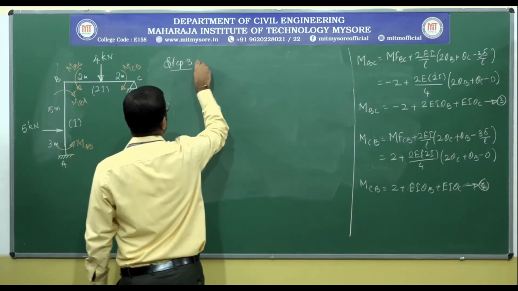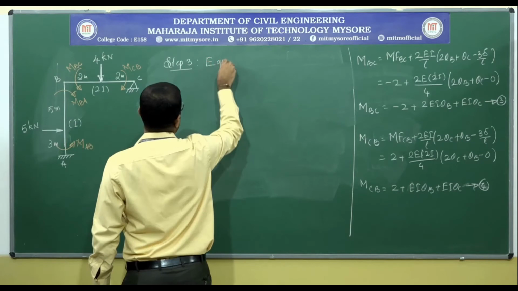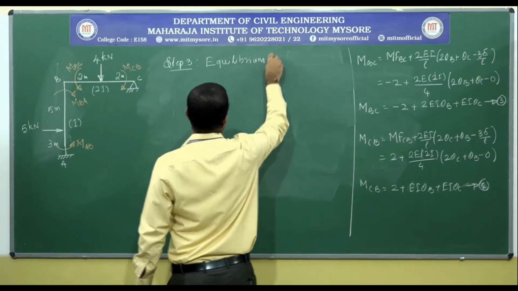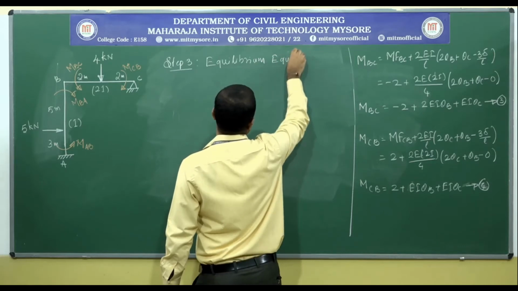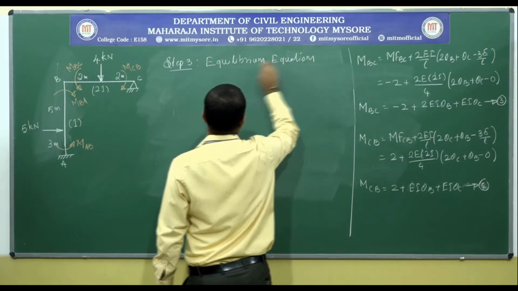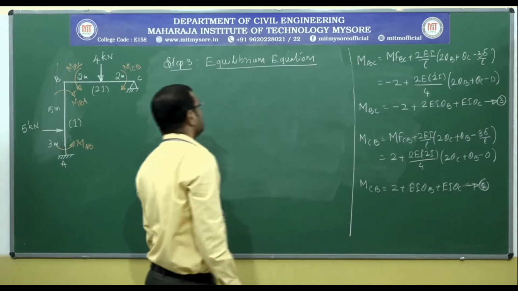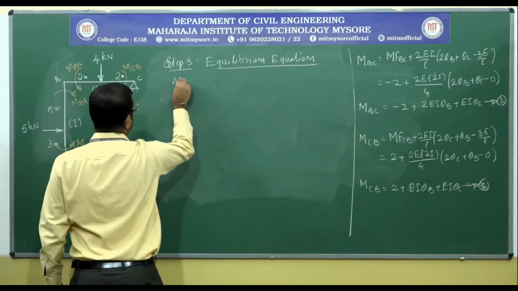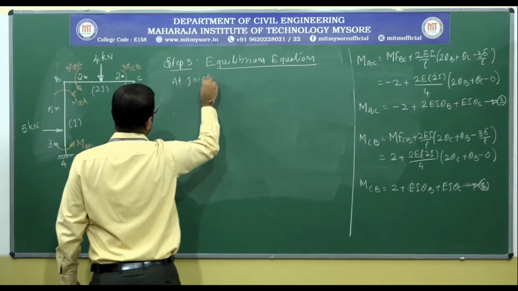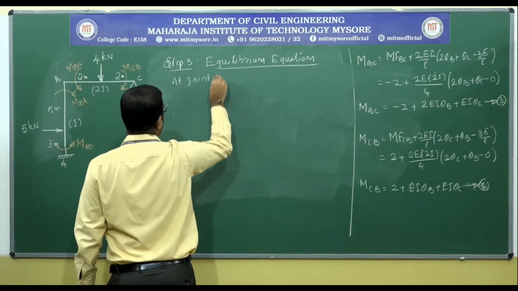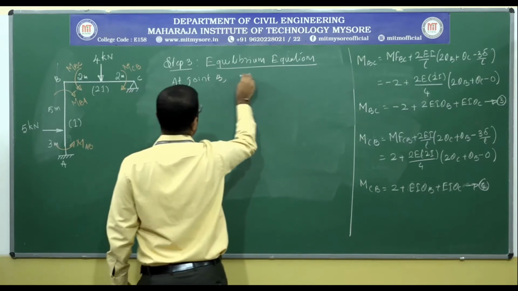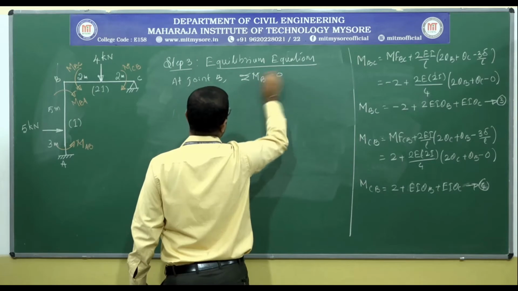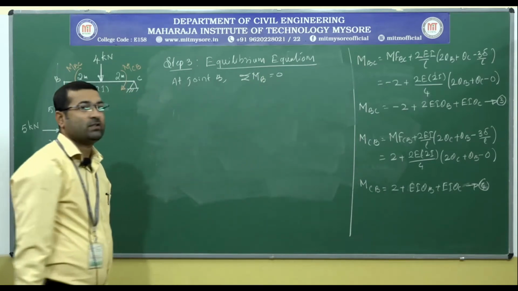Step 3, equilibrium equations. As I said earlier, we need to write the equilibrium conditions. So at joint B, let me write the equilibrium condition, that is the algebraic sum of moments at joint B must be equal to 0.